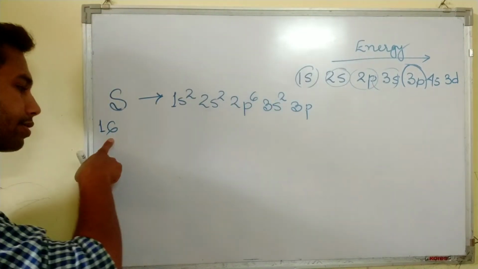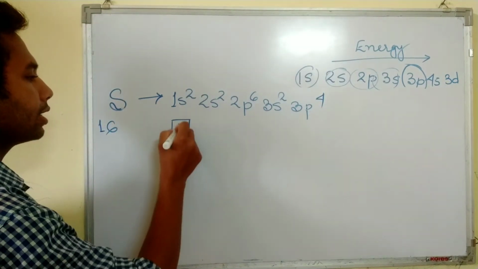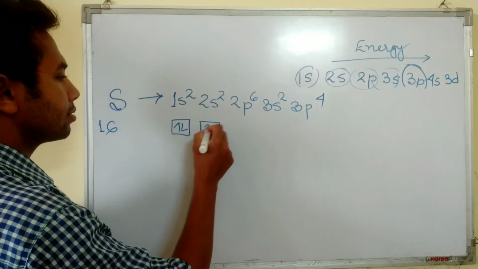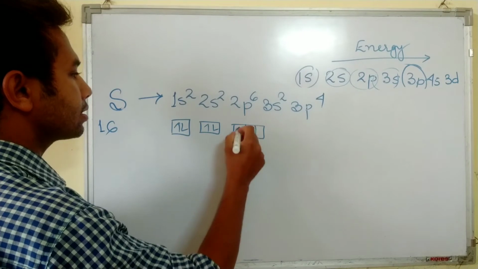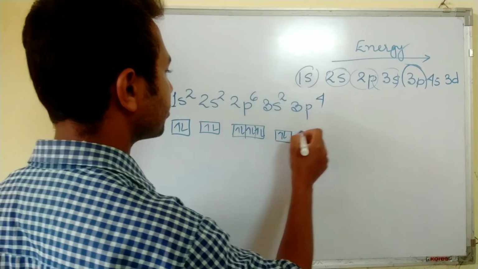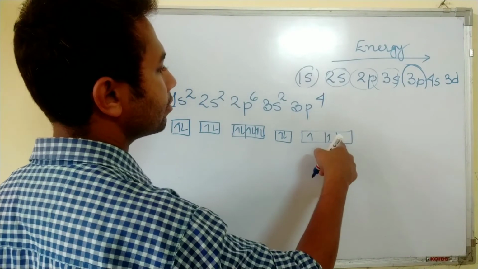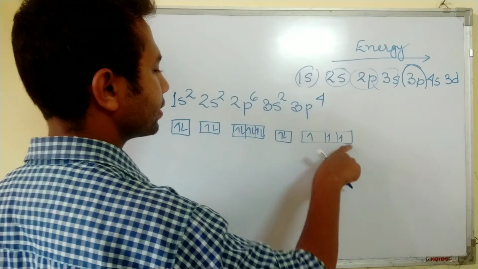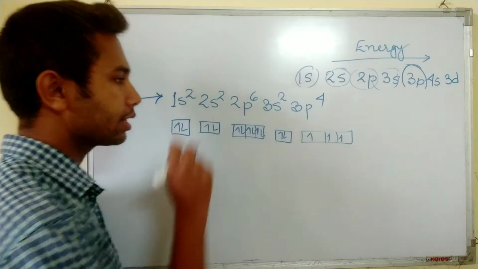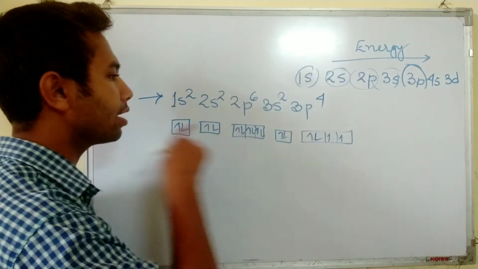Here the remaining 4 electrons go to 3p4. In 1s 2 electrons, in 2s 2 electrons, in 2p 6, 1, 2, 3, 4, 5, 6, in 3s 2 electrons, in 3p 4 electrons. First we have to fill up only with single electrons, then we have to pair up.